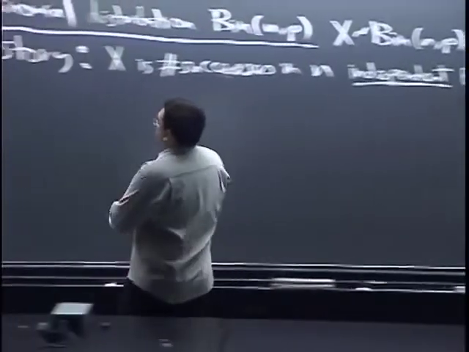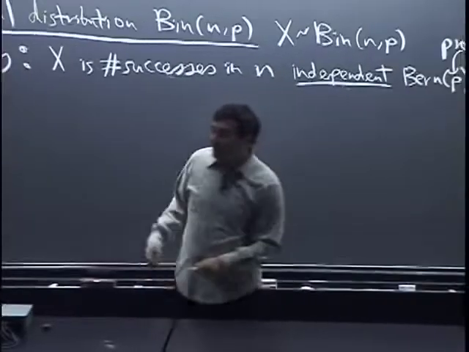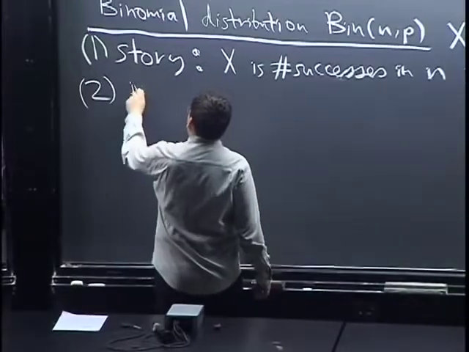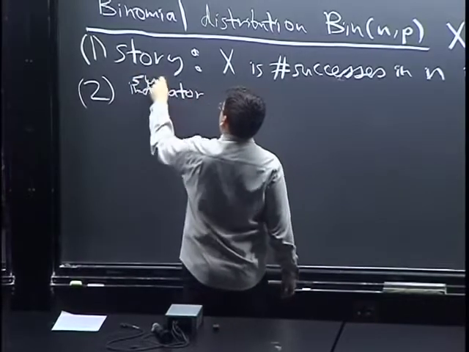The second way to think of a binomial is in terms of what are called indicator random variables, a sum of indicator random variables.